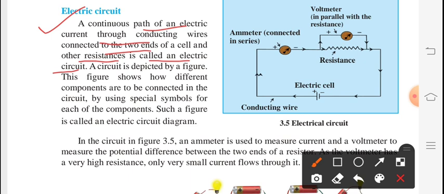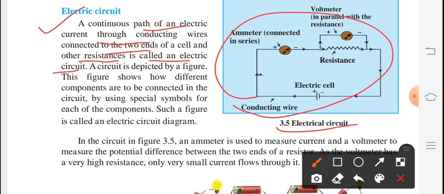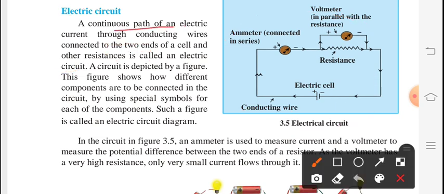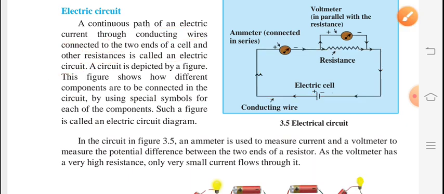This whole arrangement is known as an electrical circuit.